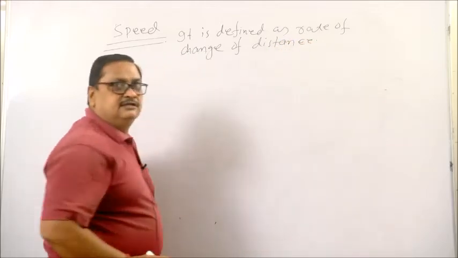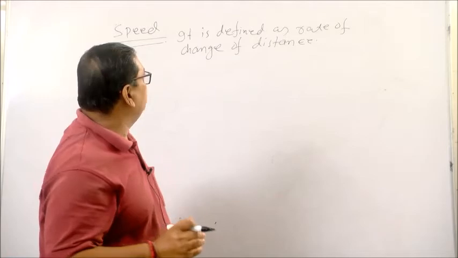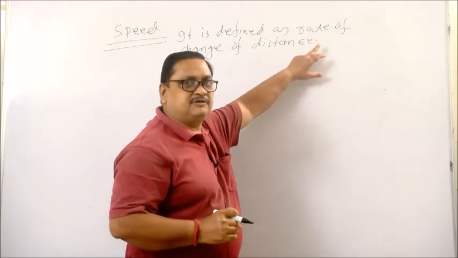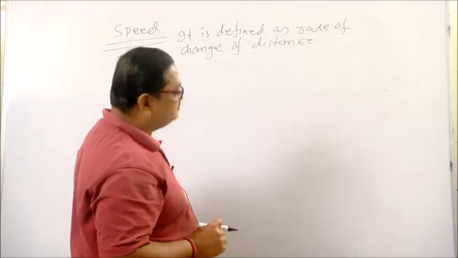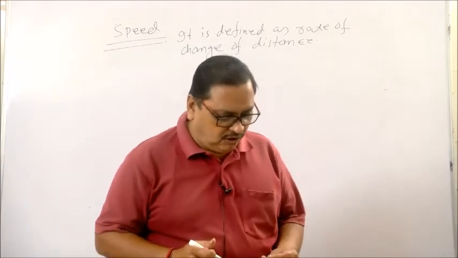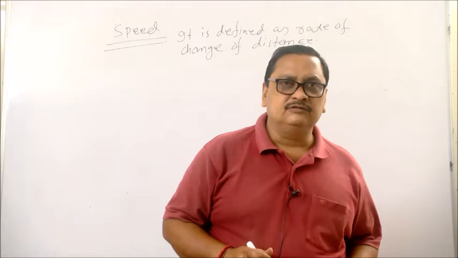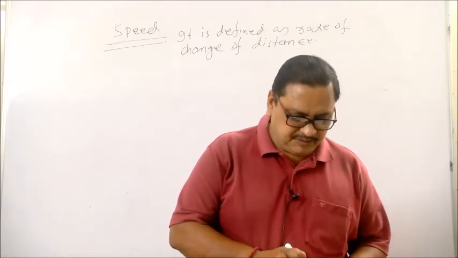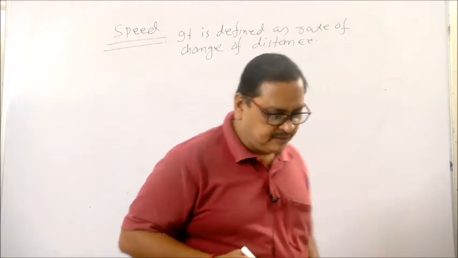That means distance is changing with respect to time. Rate means with respect to time. So change of distance with respect to time is known as speed. You can also define that the time rate of change of position of a particle is known as speed.